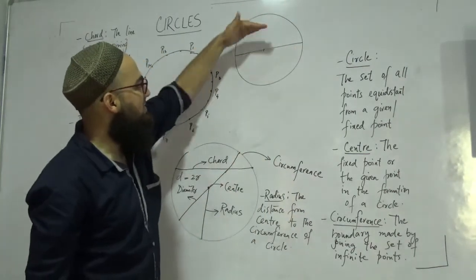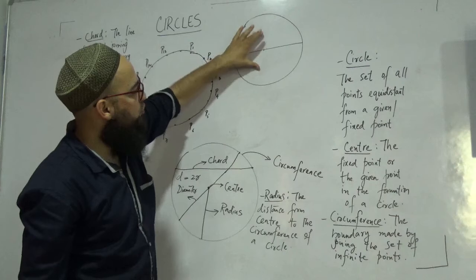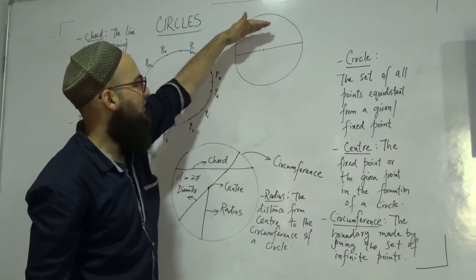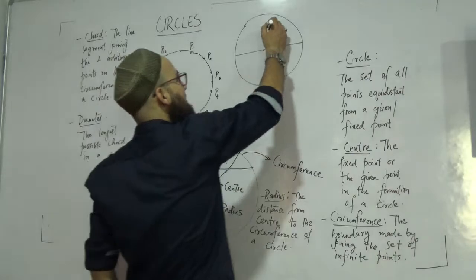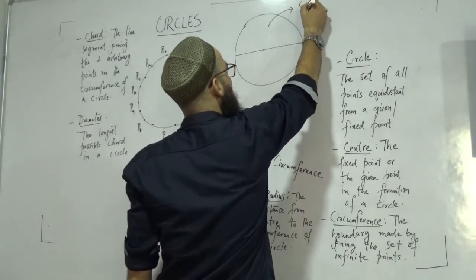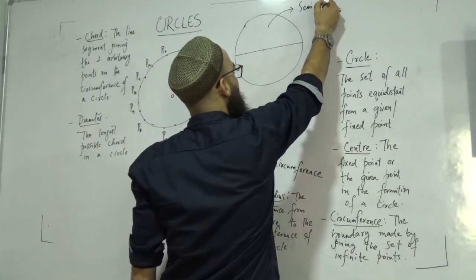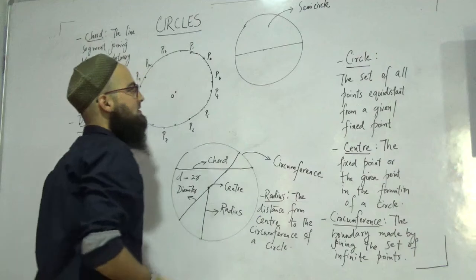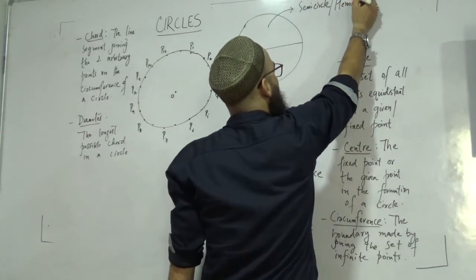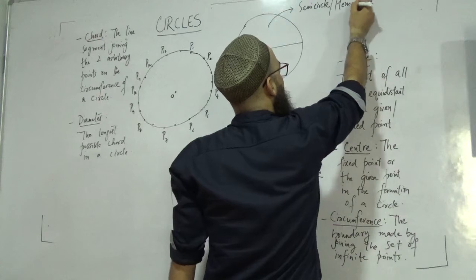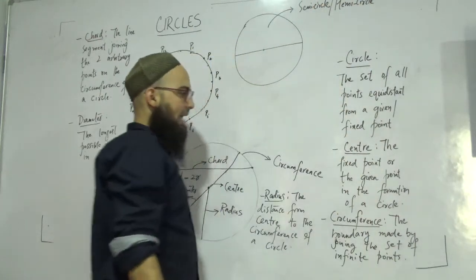Diameter divides the circle into 2 symmetrical parts. This part and this part, half of the circle. This is called semicircle. Or you can say it's called a hemicircle.